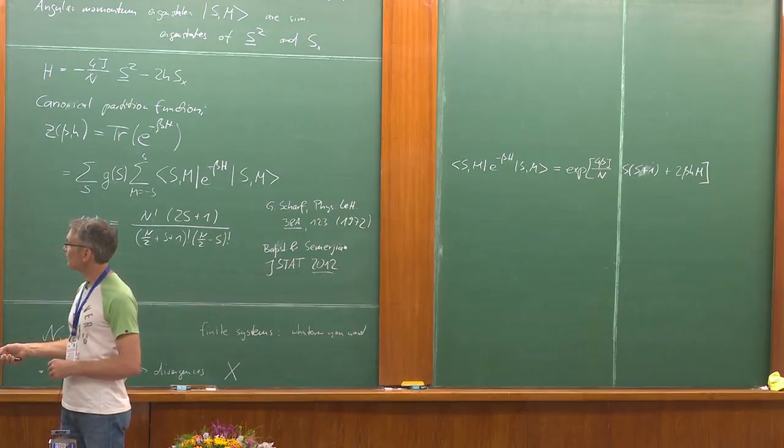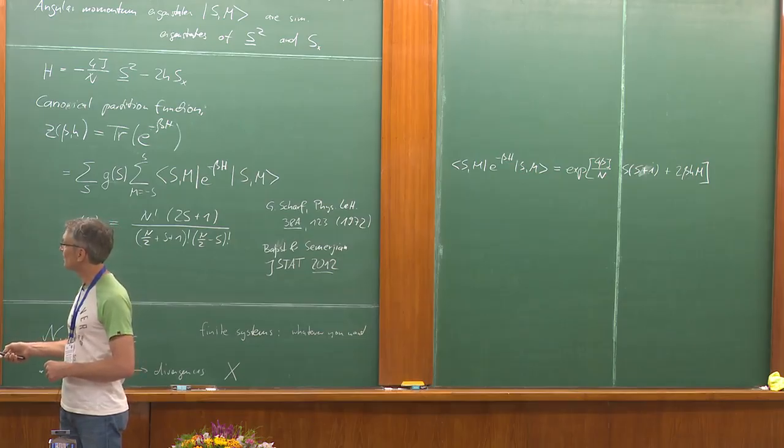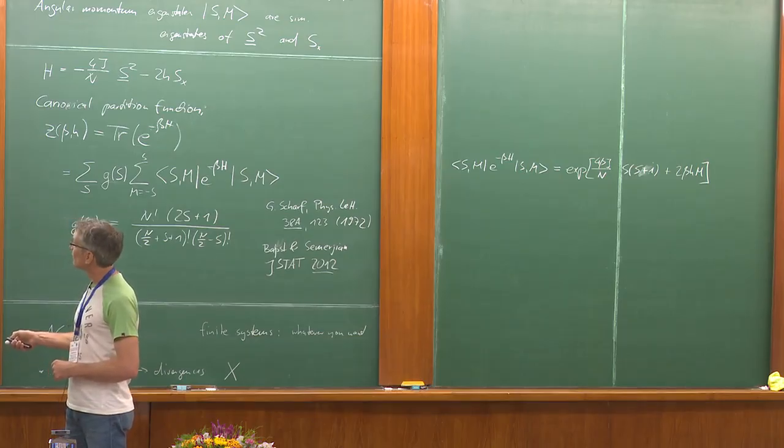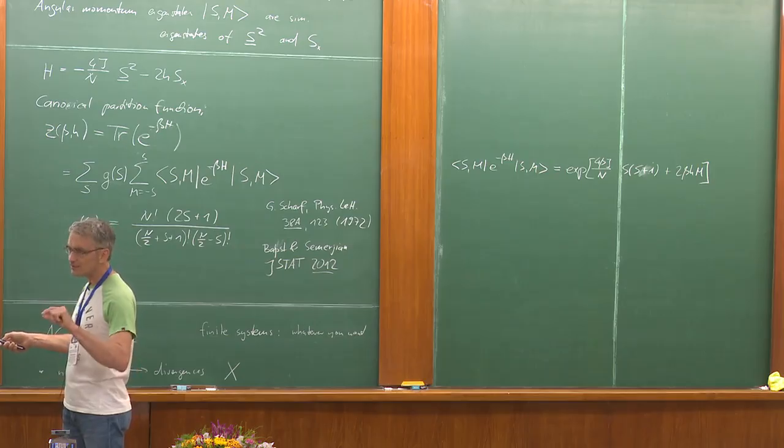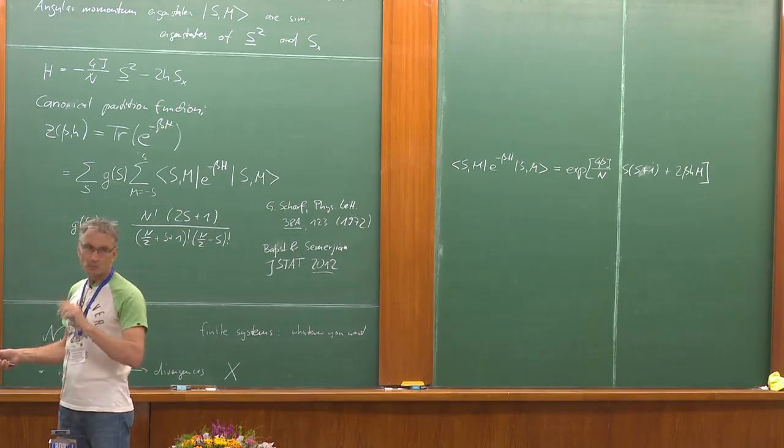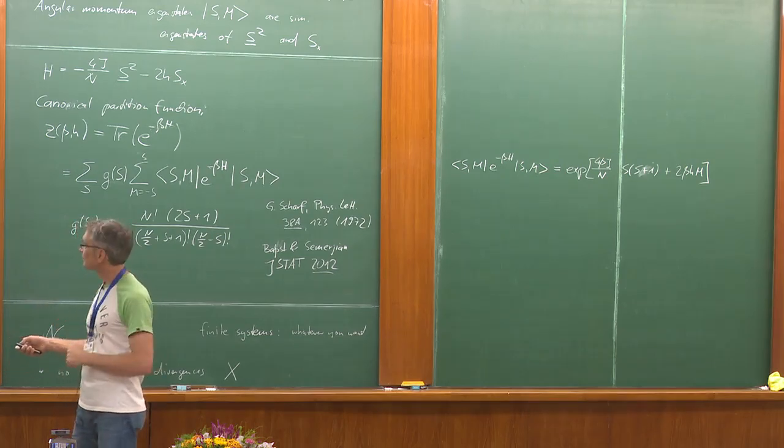So ln N factorial will be N ln N. N is now not necessarily this N, but anything large. So I can apply the same thing also to these terms here. Oh, I forgot to say that the little s is capital S divided by N, but we had this in yesterday's lecture already.